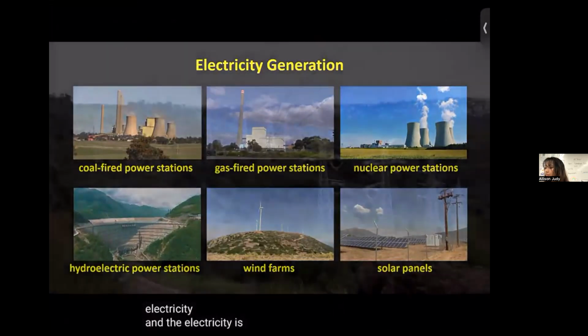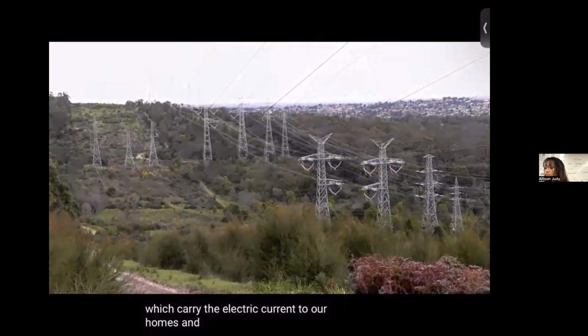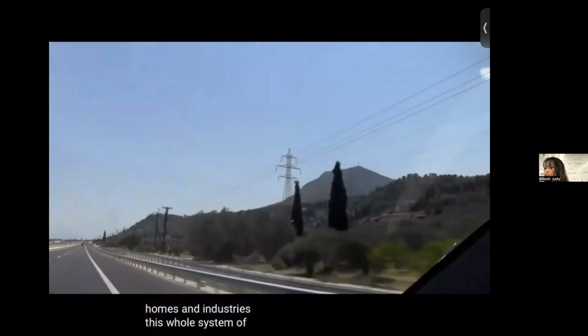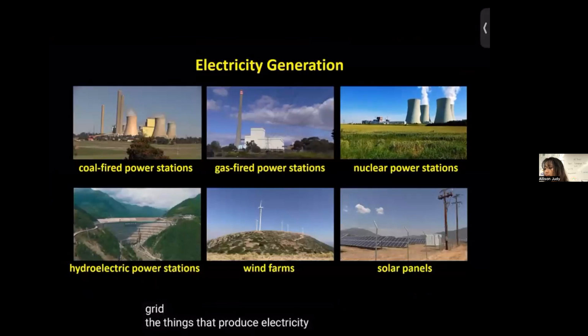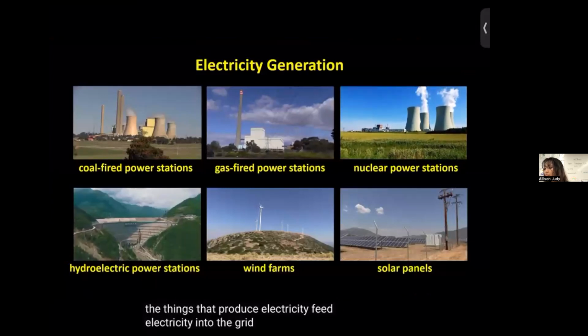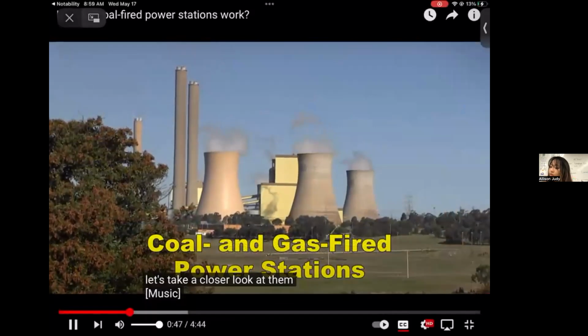All of these generate electricity, and the electricity is fed into wires which carry the electric current to our homes and industries. This whole system of wires is called the grid. The things that produce electricity feed electricity into the grid. Let's take a closer look at them.